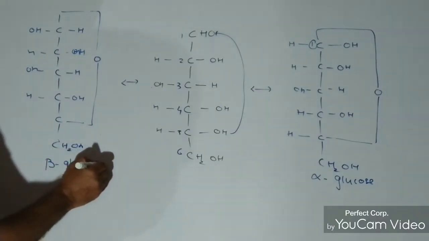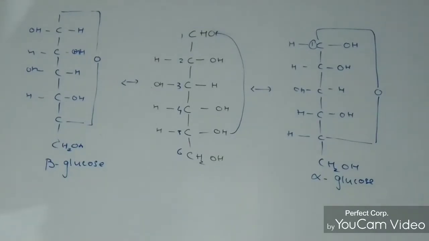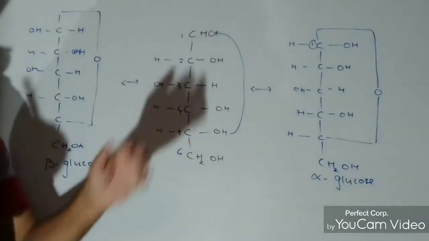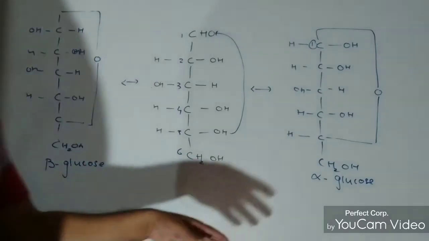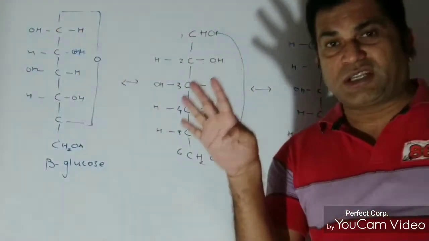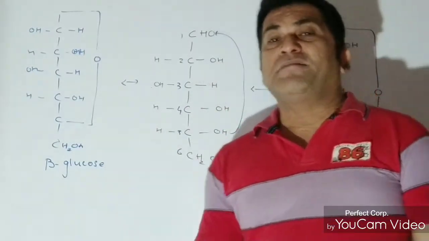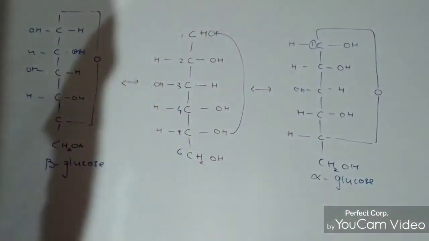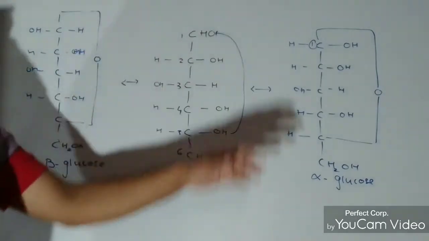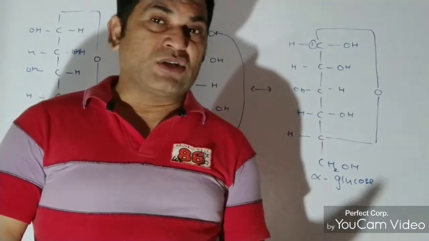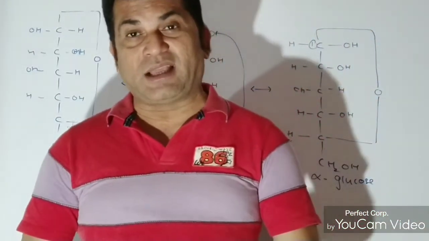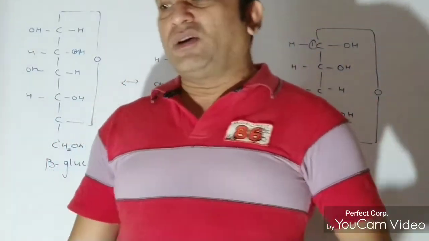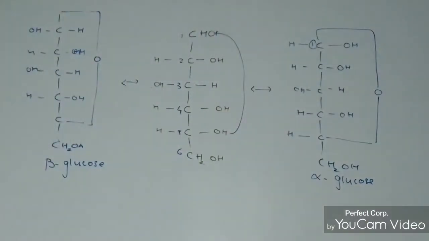So the cyclic structure of glucose is satisfying the other 2 things that we saw in that 4th step: alpha glucose and beta glucose. Due to the number 1 carbon, such isomerism develops. So in glucose we are getting further isomerism due to the first carbon.